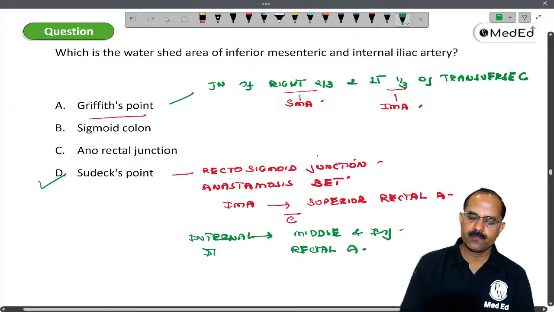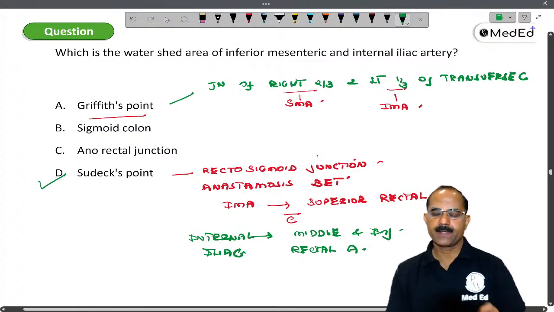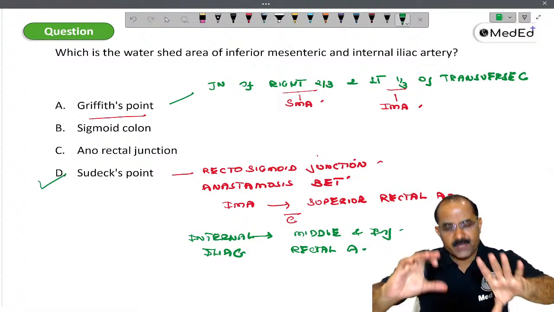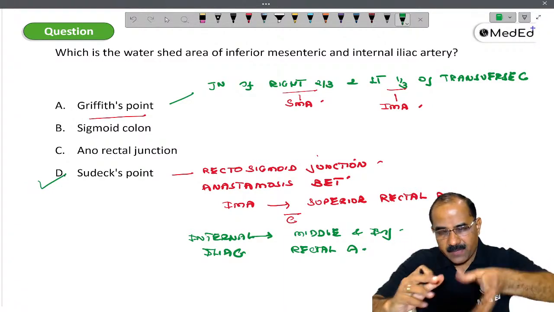These are branches of internal iliac. So Sudek's point lies at the recto-sigmoid junction.